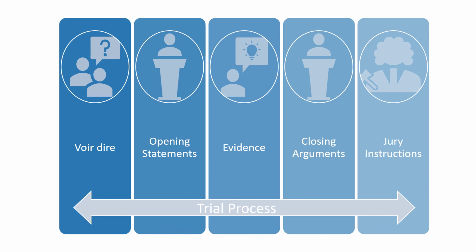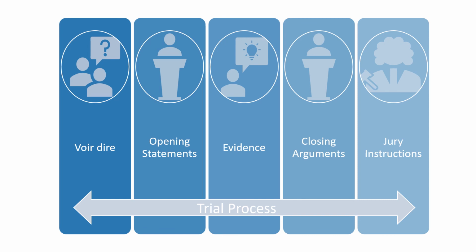After the closing arguments, the judge takes over. The judge will instruct the jury as to what the law is. This is really important. Remember, judges review questions of law, and the jury is the trier of fact.